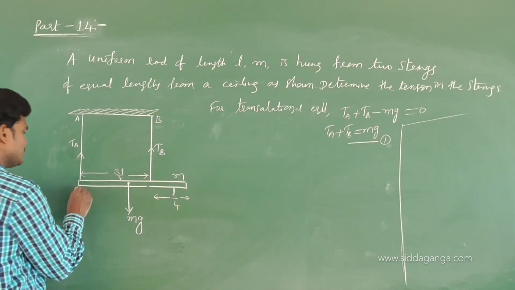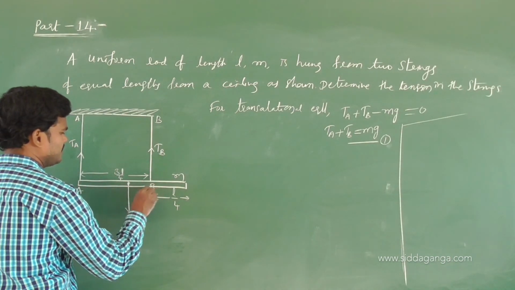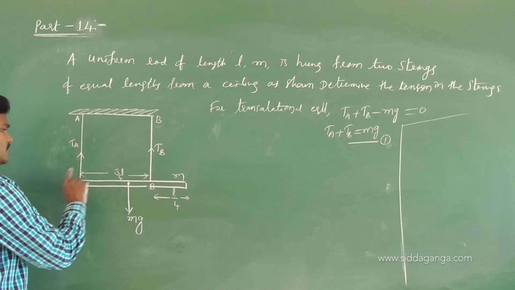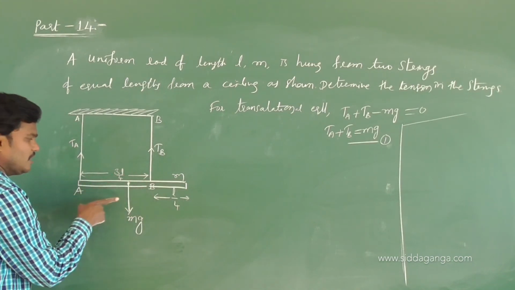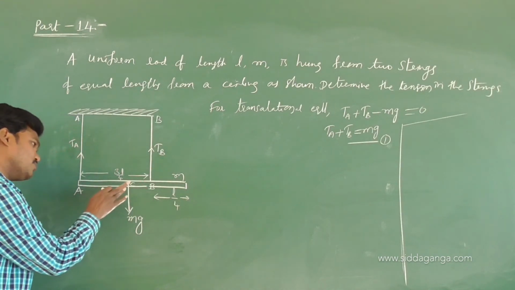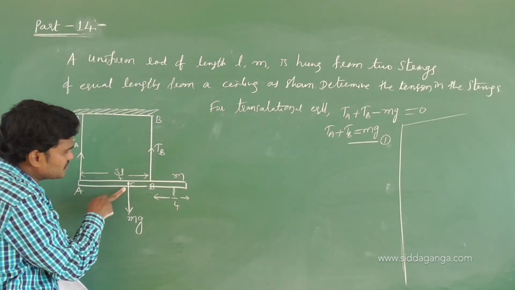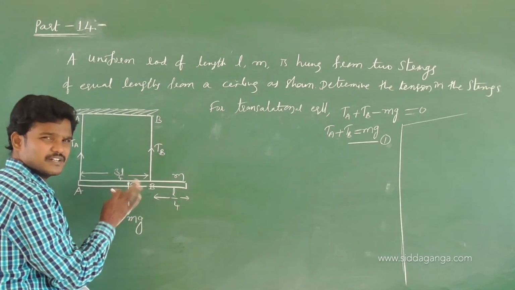So let us take this as A and this as B. Take the torque about any point, A or B or about mg, your wish. If it is the center C, you can take torque about C or about A or about B. If I take torque about C, of course we can get the answer.